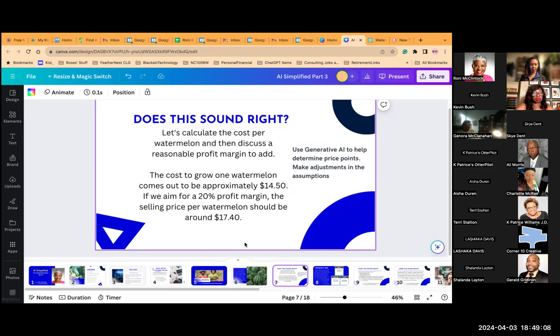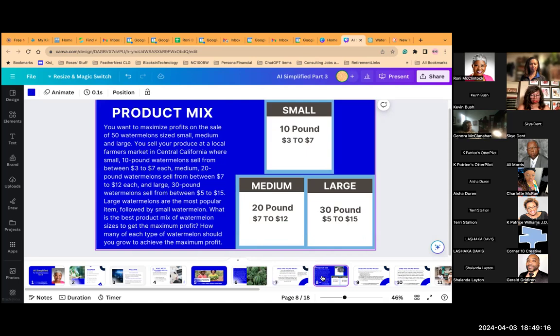So we're sticking with our watermelon, with our small farmer, and we know that our small farmer sells watermelon, but there's not just one watermelon. They come in different sizes. There's a small, there's medium, and there's large.